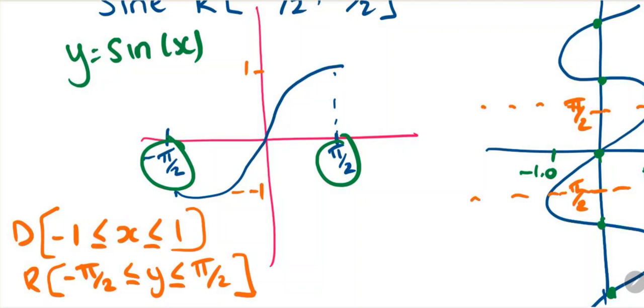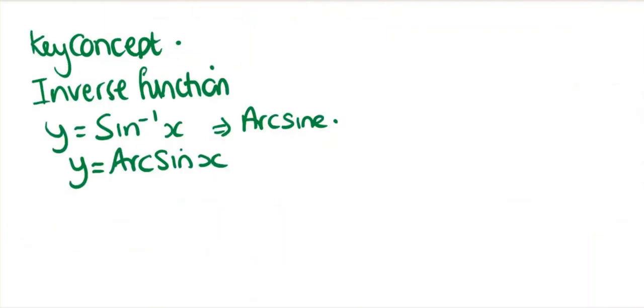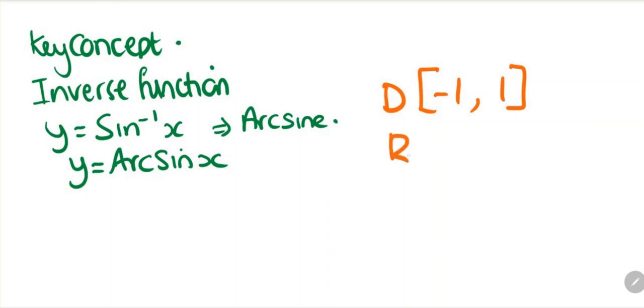So this is for the inverse. We'll just rewrite that here. For the inverse function, arc sine, the domain is from -1 to +1, and the range is from minus pi over 2 to pi over 2.